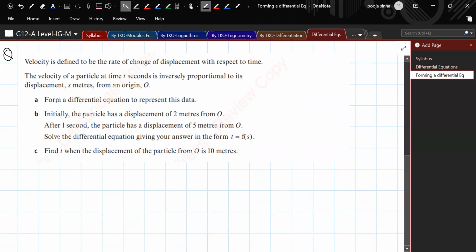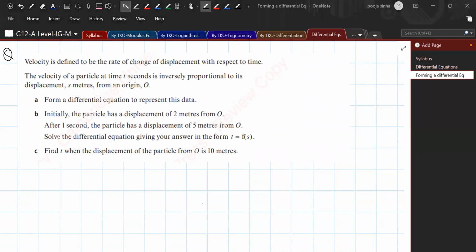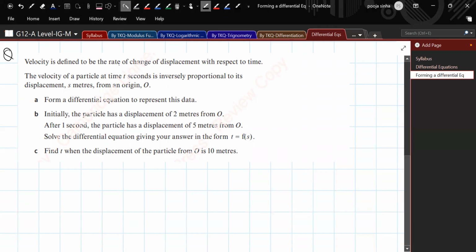Did you get this? What is the first kind of question that you're getting? The first sentence I think I understood, like it would be d by dt. So first, whatever is written here, we will try to interpret it. It says velocity is defined by rate of change of displacement.